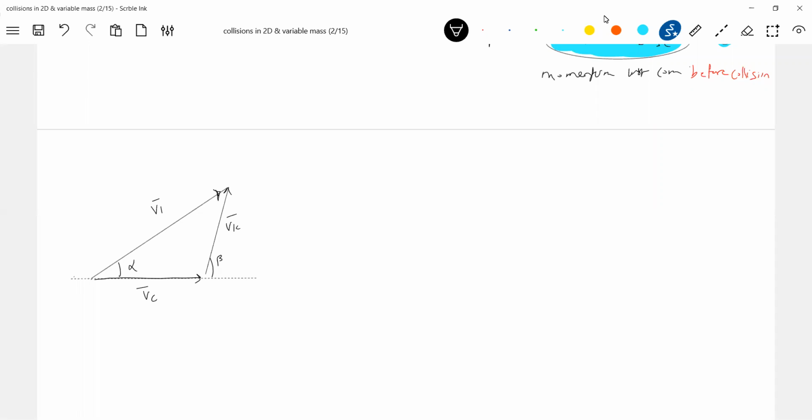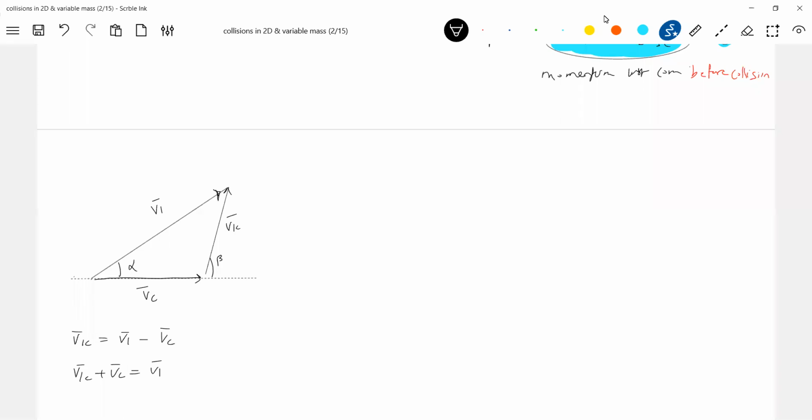So from mathematics, what we know is V1C bar should be equal to V1 bar minus VC bar, no? So we can write V1C bar plus VC bar equal to V1 bar. Now, what is the resultant? The resultant of VC and V1C is what? V1. And what is the angle it is making? It is making an angle alpha here.